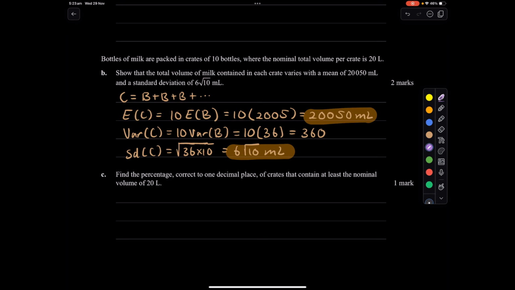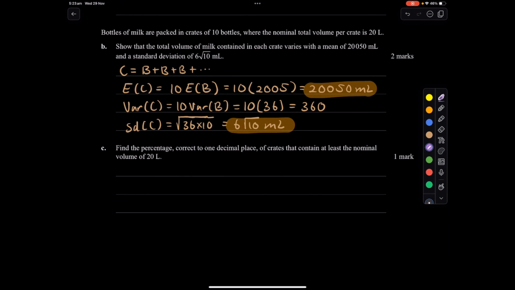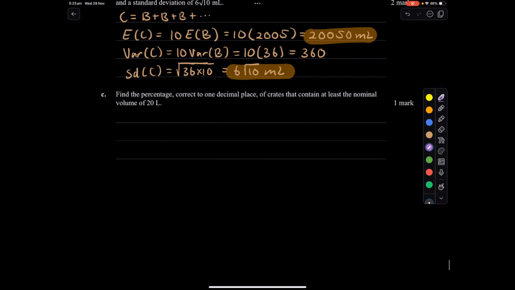Perfect. Find the percentage, correct to 1 decimal place, of crates that contain at least a nominal volume of 20 liters. So we want to find the probability. You can see that crates contain at least a nominal volume, which is 20 liters, which is 20,000 milliliters.